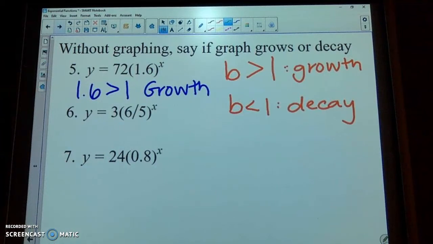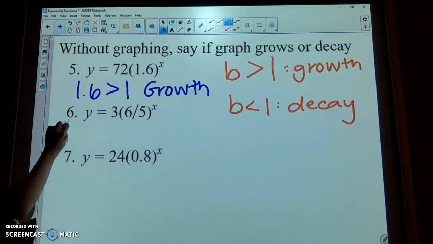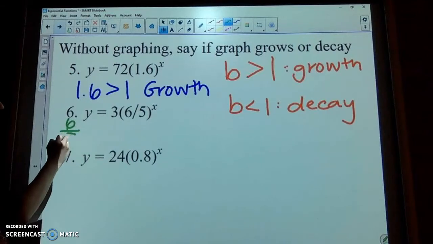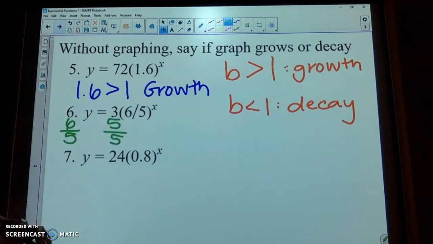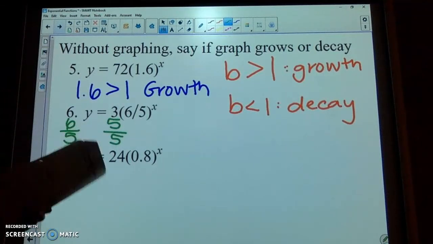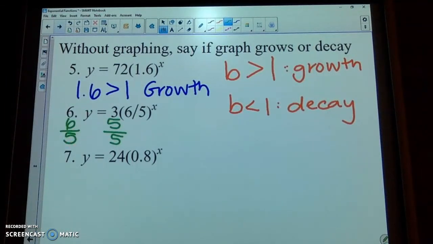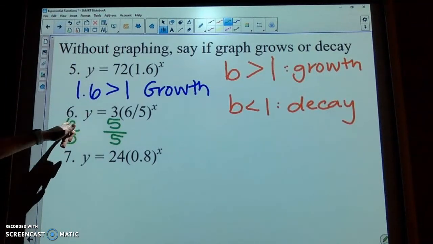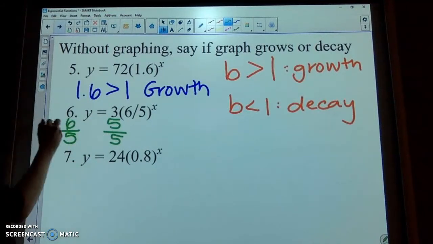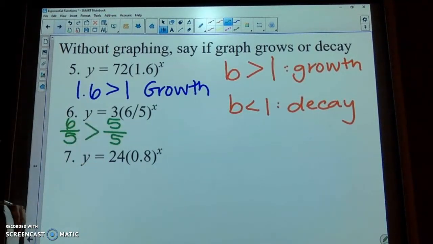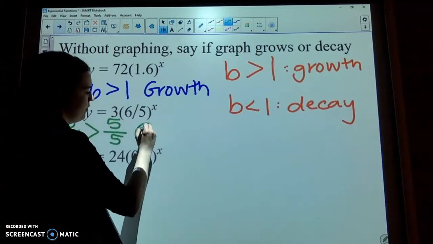So you could put this into decimal form, or you could look at it as 6 over 5 in comparison to 5 over 5. 5 divided by 5 is 1, and if we're looking in comparison to 1, then we're looking in comparison to 5 over 5. Well, 6/5 is greater than 5/5, so that is also a growth.